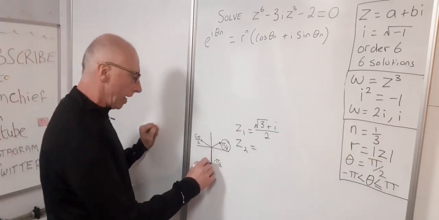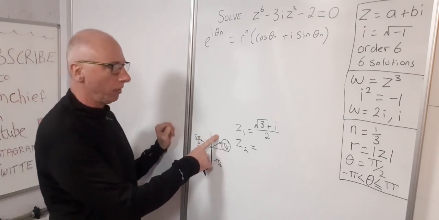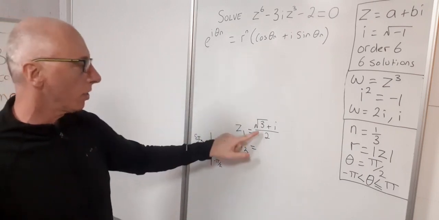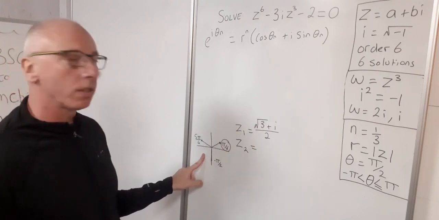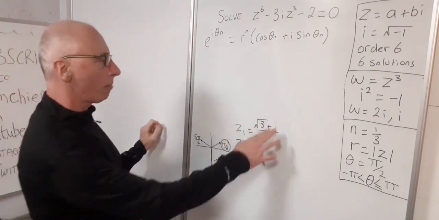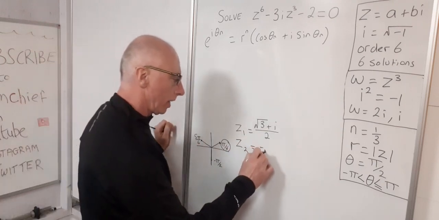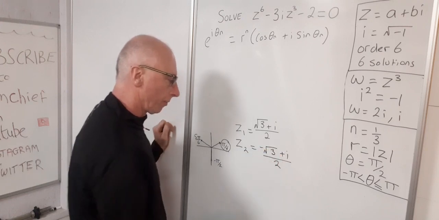We know cosine is negative in this quadrant and positive in this quadrant. As cosine is the real part of our solution, we can just write minus root 3 and go straight into our z2 value, because the imaginary component stays the same. That's a shortcut for our second solution.